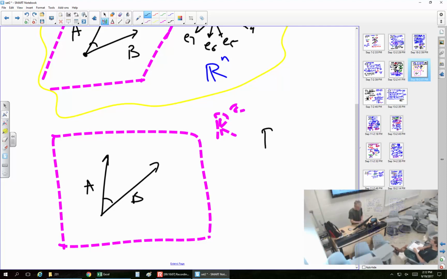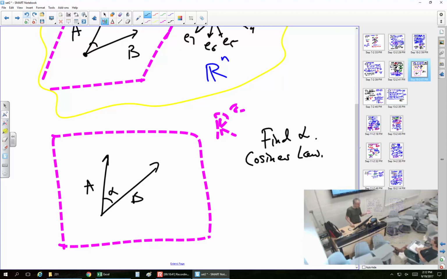Find, say, alpha. How do you find angles in Euclidean geometry? Use the cosine rule, the law of cosines.